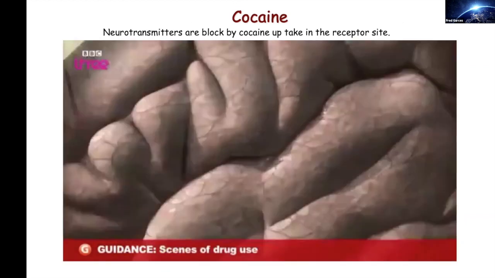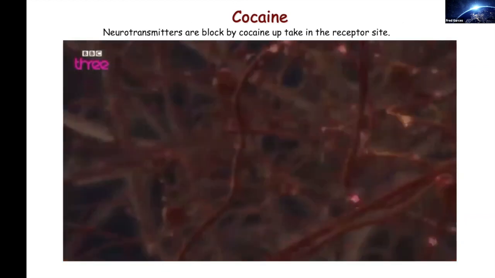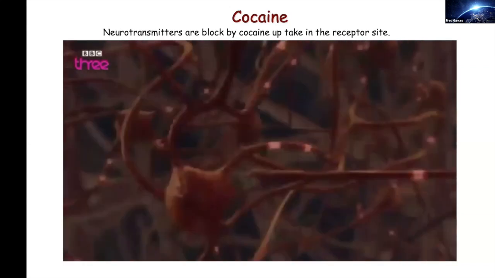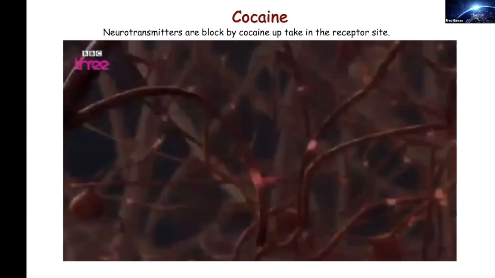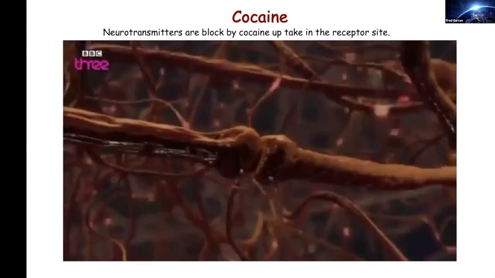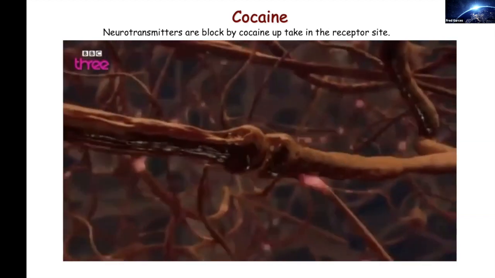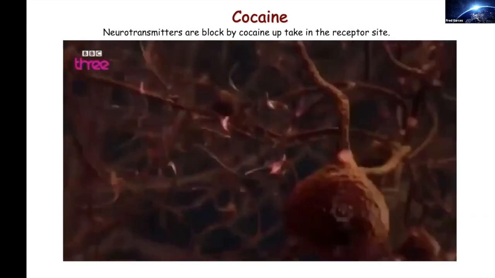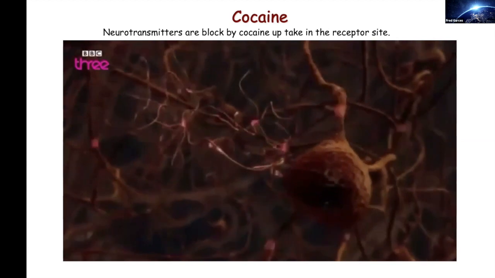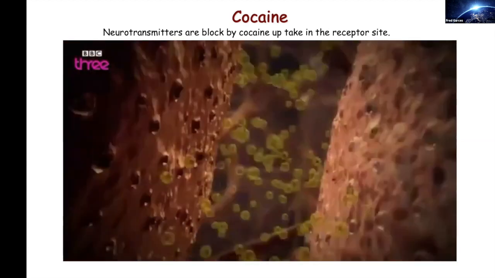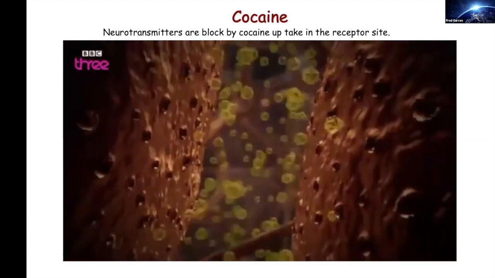Our brains are composed of networks of billions of tiny nerve cells. Signals race around these networks, crossing the gap between the nerve cells using chemical messengers. One network is dedicated to making us feel good when we do something that is essential to survival, such as eat, drink. Cocaine blocks something called the dopamine transporter.